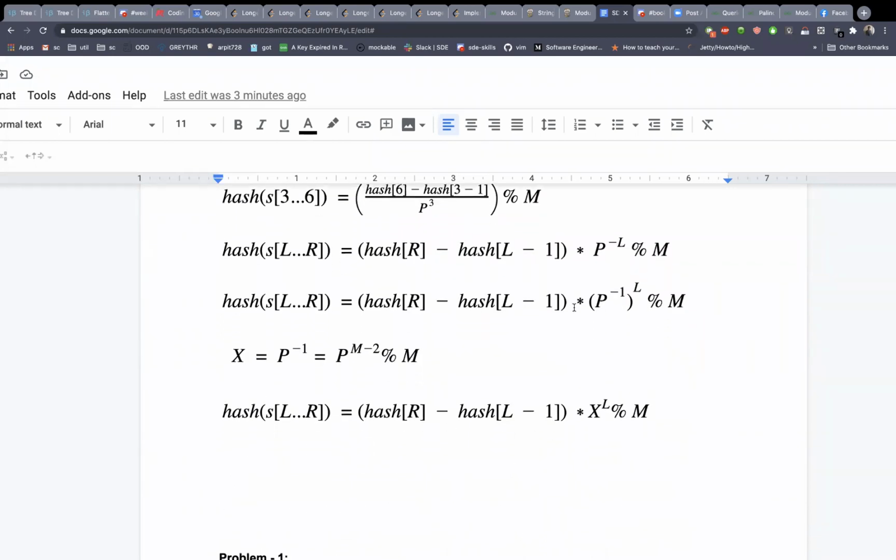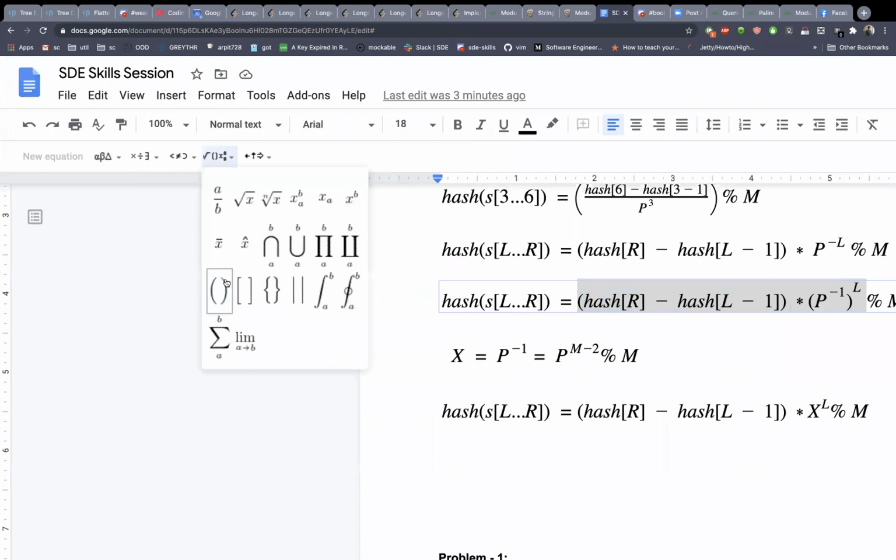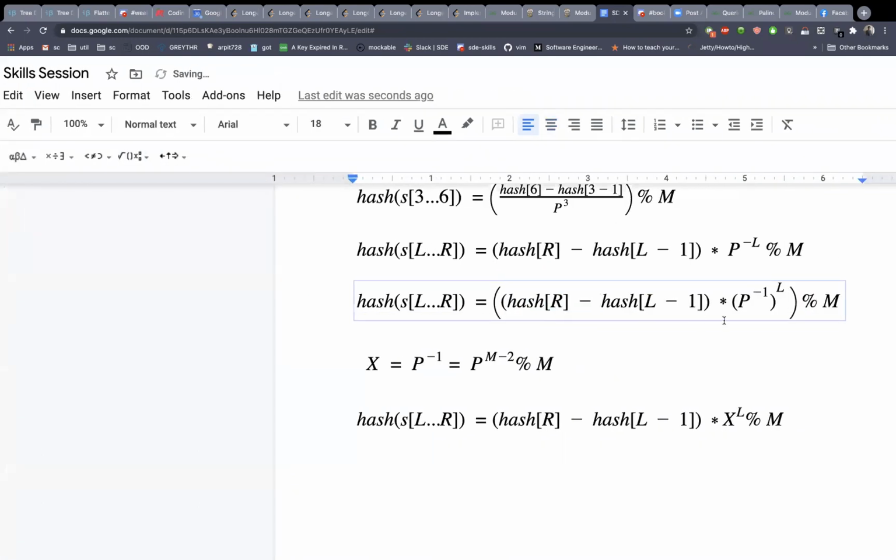So let me explain that. Modulo inverse is basically this: we have modulo of this whole thing. Just a minute. We have modulo of this whole thing, right? Yes.